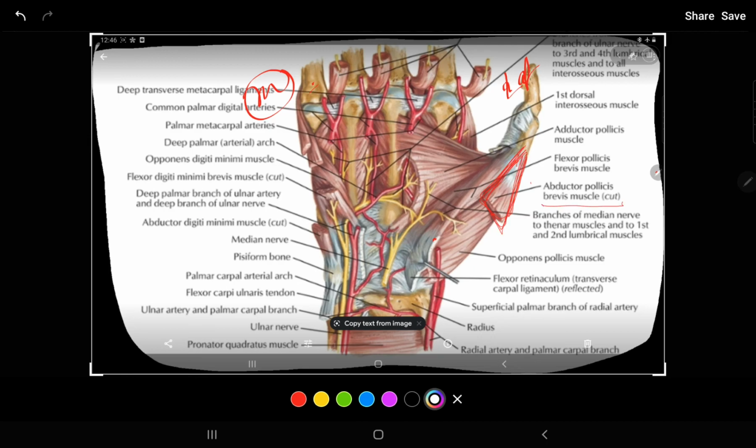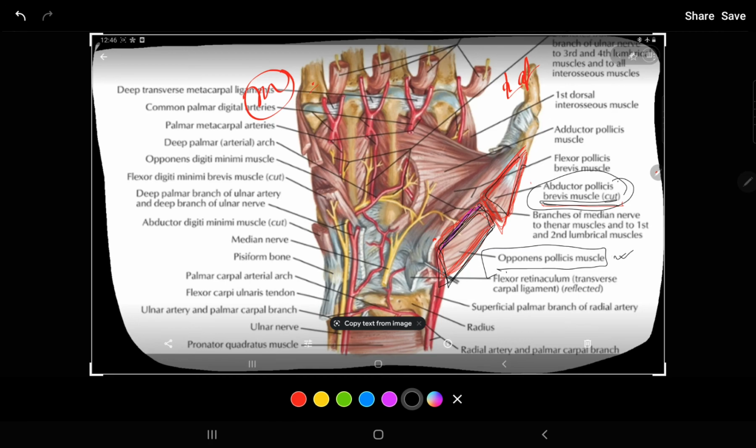Okay, next, after removing it, you can see the deeper muscle. This is the opponens pollicis muscle. I am marking this with black. This muscle is opponens pollicis, which lies deeper to the abductor pollicis brevis. You cannot see the opponens pollicis in superficial dissection of the hand. You can see it only if you remove the abductor pollicis brevis, and below it you can see the opponens pollicis muscle, causing opposition.